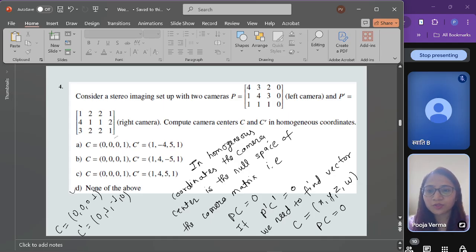So option D is the correct answer for this question. None of the above is matching. So have you understood this question, how we are solving it? If two matrices, left camera matrix and right camera matrix, are given and we want to compute the camera centers for both, this is the normal procedure to compute.